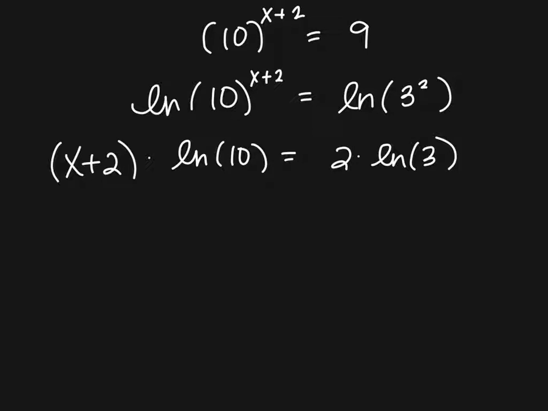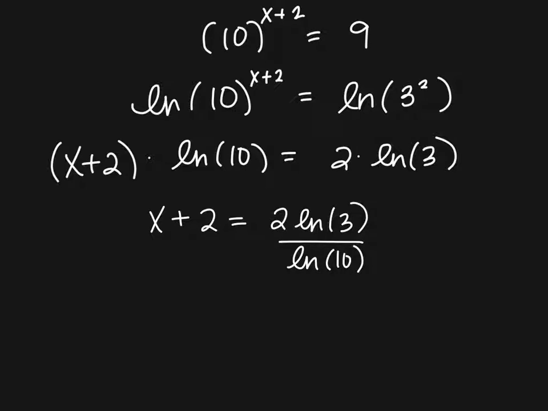I want to get x by itself. What do I get rid of first, the 2 or the ln 10? ln 10. How do I get rid of it? I divide. So then I'll have x plus 2 by itself. On the other side I'll have 2 ln 3 over ln 10.